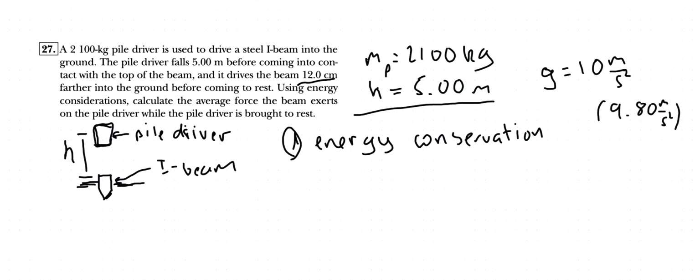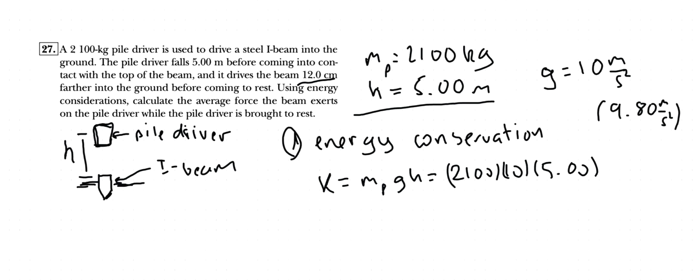And the kinetic energy, when it reaches the I-beam, let me call that K, is m g h, right? M pile driver g h, which makes 2100 times 10 times 5.00 meters.